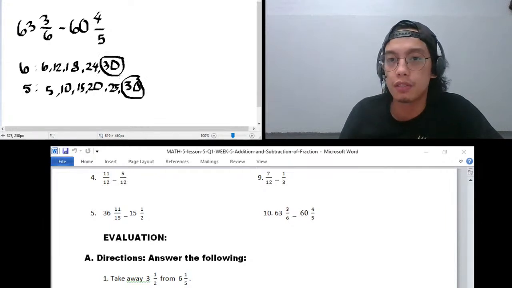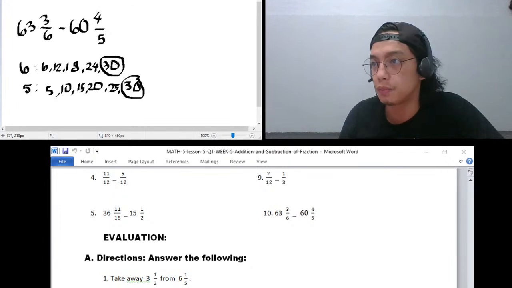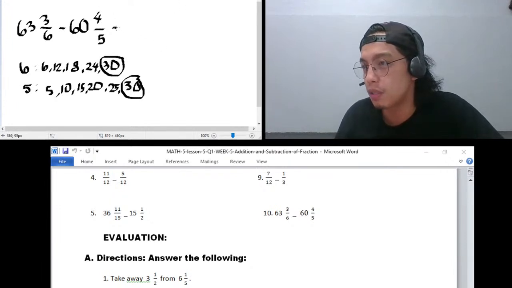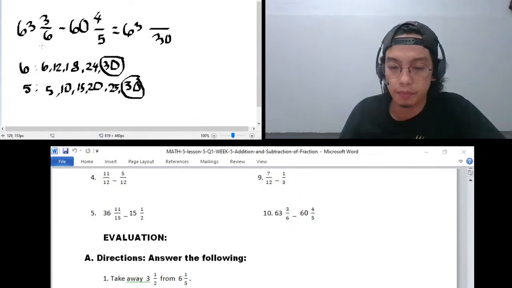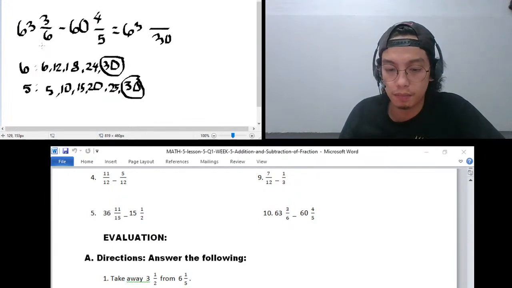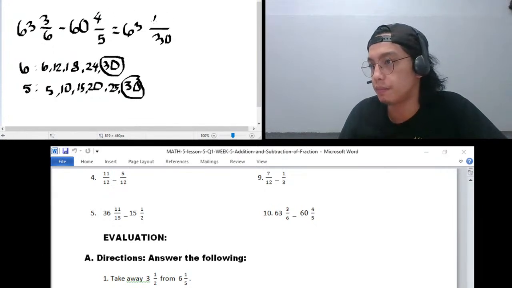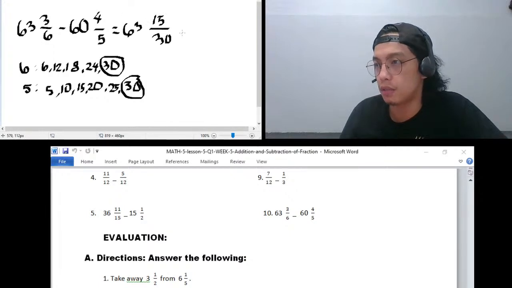Okay, let's convert 3 over 6 and 4 over 5 to 30. So we have 63 and 3 over 6 becomes 15 over 30. We divide 30 by 6, then times the numerator: 5 times 3 is 15.